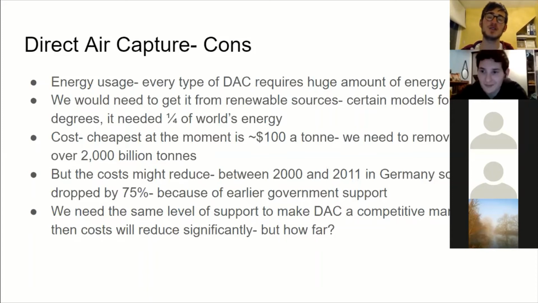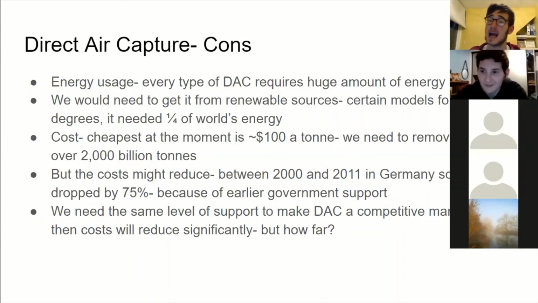Between 2000 and 2011 in Germany, for example, the cost of solar energy dropped by 75% because of early government support that allowed it to become competitive, allowed innovation to occur. If we had the same degree of government support for direct air capture and allowed to create a competitive marketplace where you get innovation, costs will reduce significantly.